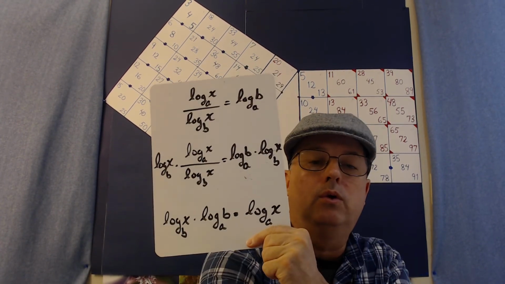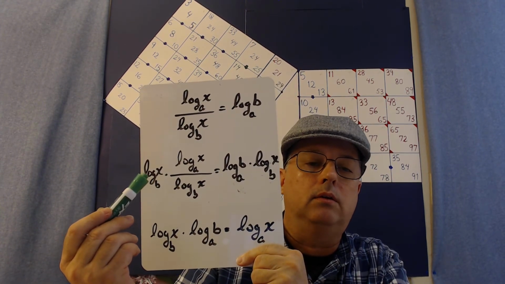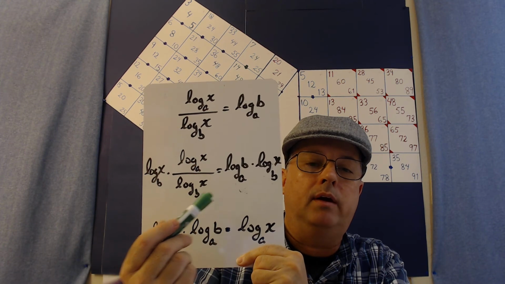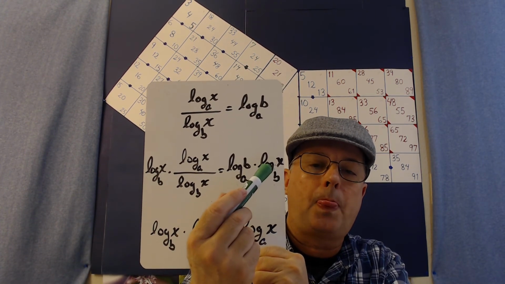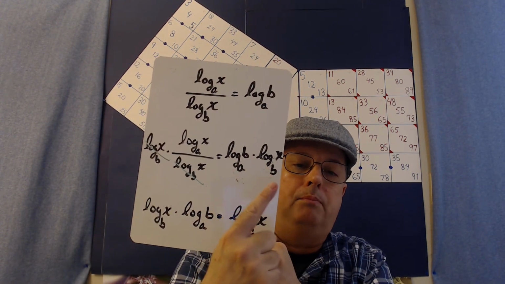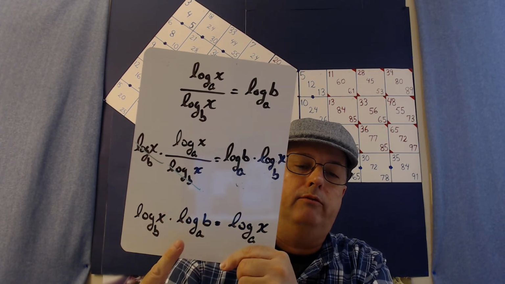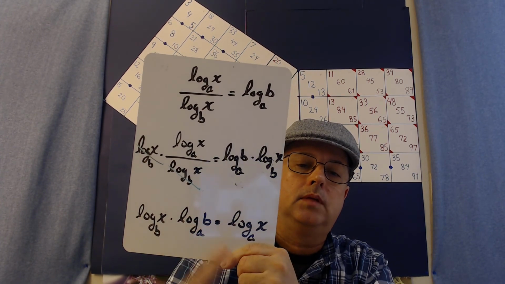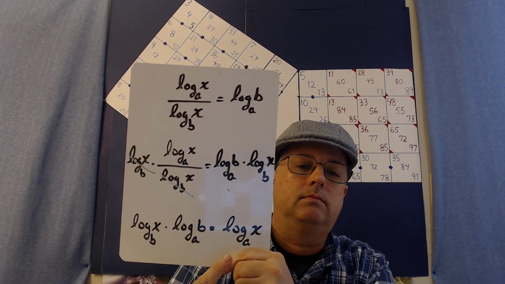Okay, so we are going to cancel these out, the log base b of x and log base b of x. And that's what we did. We multiplied both sides. Okay, and then I'm just going to write it this way. I'm going to say log base b of x times the log base a of b, and that will give me the log base a of x.